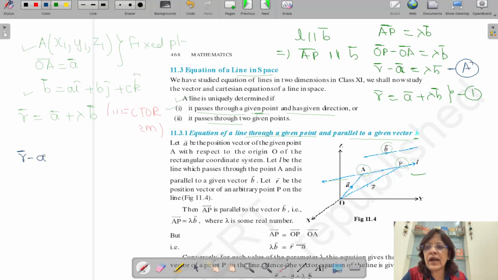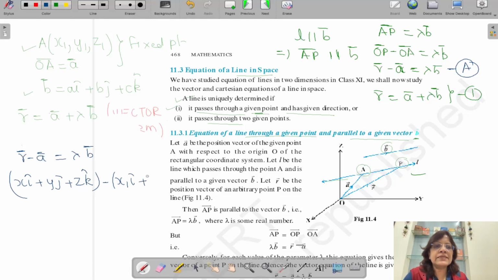We have the equation r minus a is equal to lambda b. r is xi plus yj plus zk, minus a, which is x1i plus y1j plus z1k, is equal to lambda times (ai plus bj plus ck).